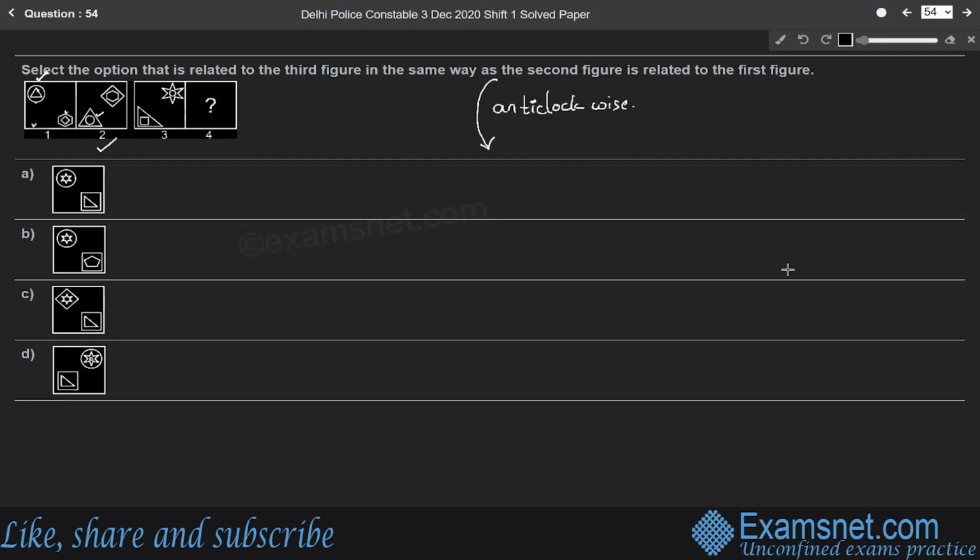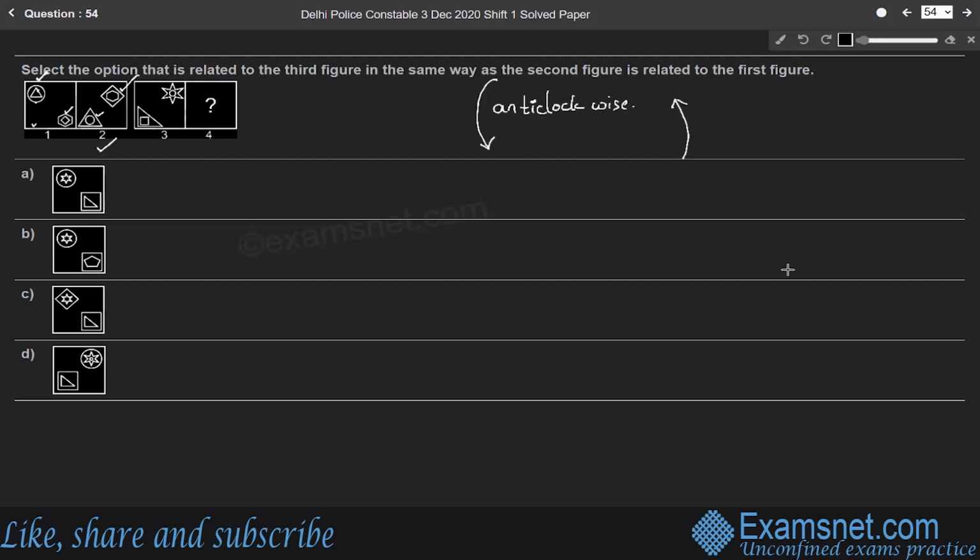Similarly, in the first figure, the diamond shape is the inside figure, whereas the hexagon is the outside figure. The same figure is shifted to the upper position in the anti-clockwise direction, where the hexagon becomes the inside figure and the diamond or rhombus shape becomes the outside figure. Apply the same rule for figures 3 and 4 also.